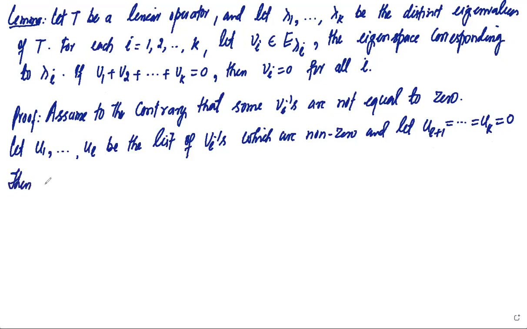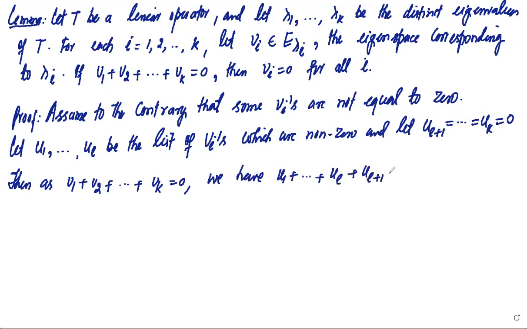So as v1 plus v2 plus so on plus vk is equal to 0, we have u1 plus so on plus ul plus ul plus 1 plus so on plus uk, and this is also equal to 0, because it is the same list of k vectors, possibly in a different order.